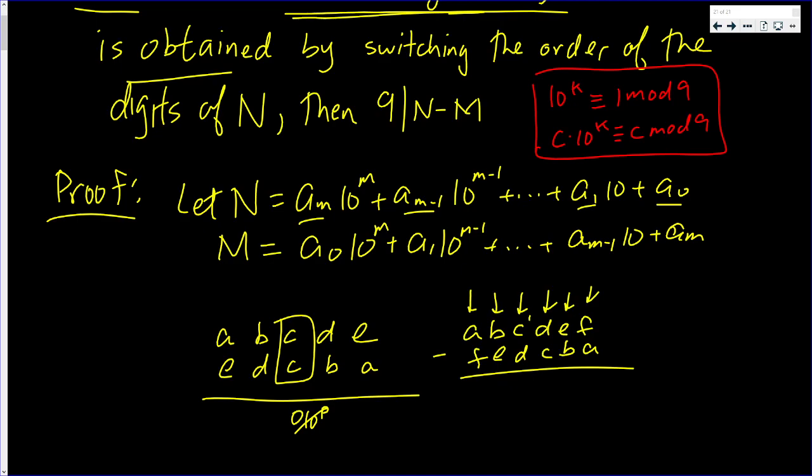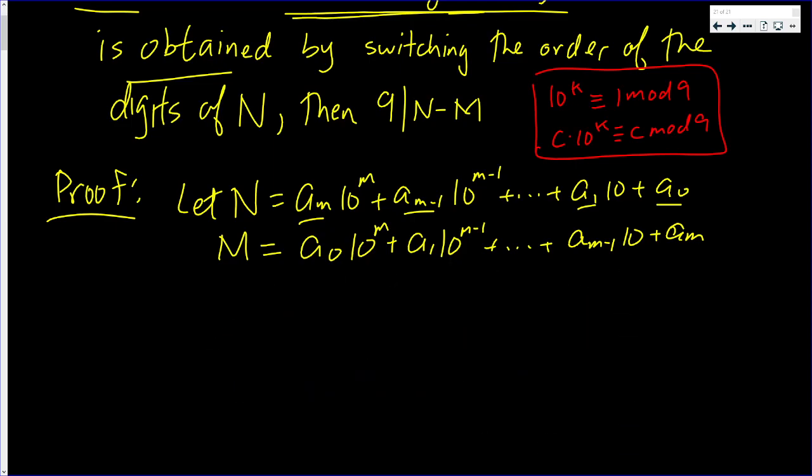So here we don't have a middle digit. Okay, we don't have a middle digit. So I'm doing the proof where we don't have a middle digit, which happens when m is odd. Again, maybe you should do this in 2 proofs, in 2 cases, and I'm just doing the case where m is odd.